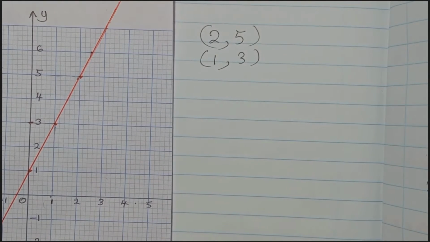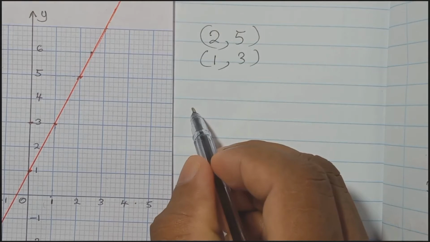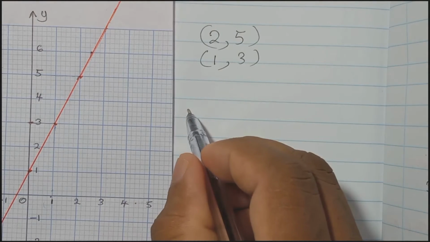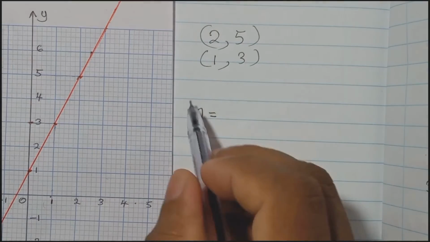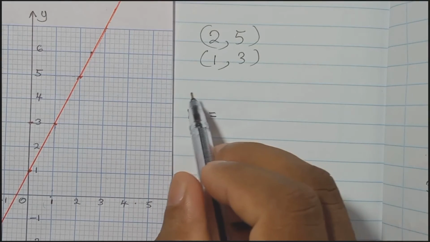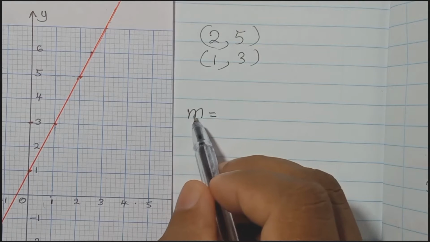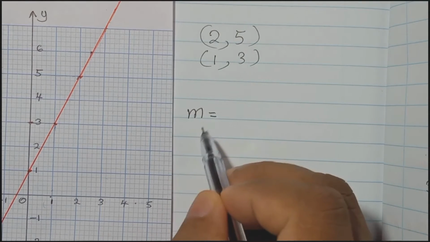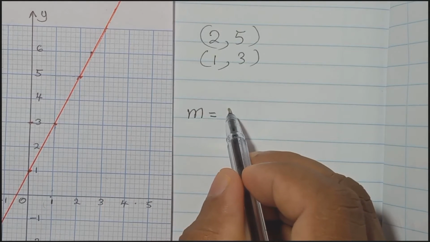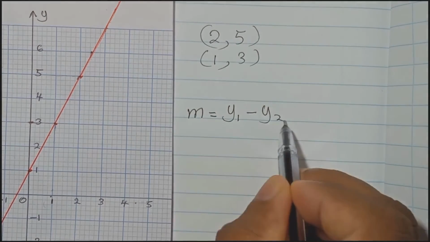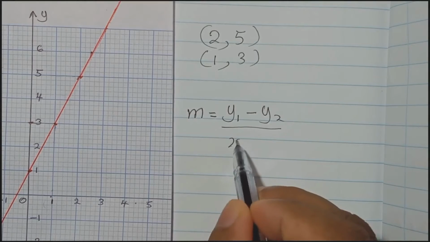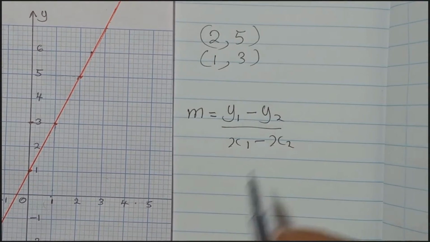Then you need to remember this formula for the gradient, or we can call it m. Normally in y equals mx plus c, m is the gradient. So you can write gradient or m equals this formula: y1 minus y2 over x1 minus x2.